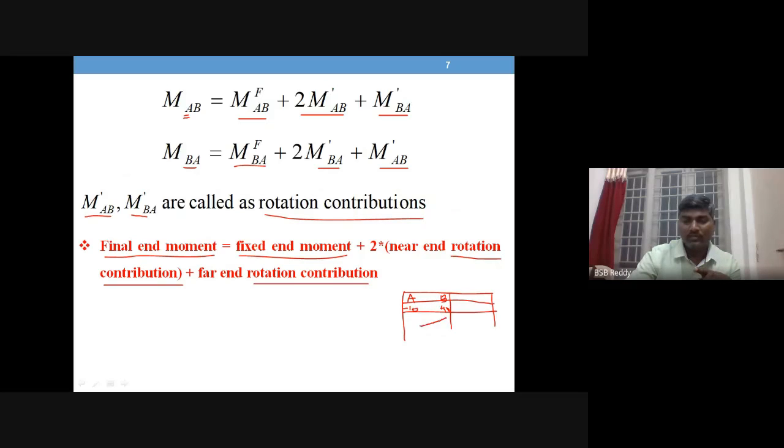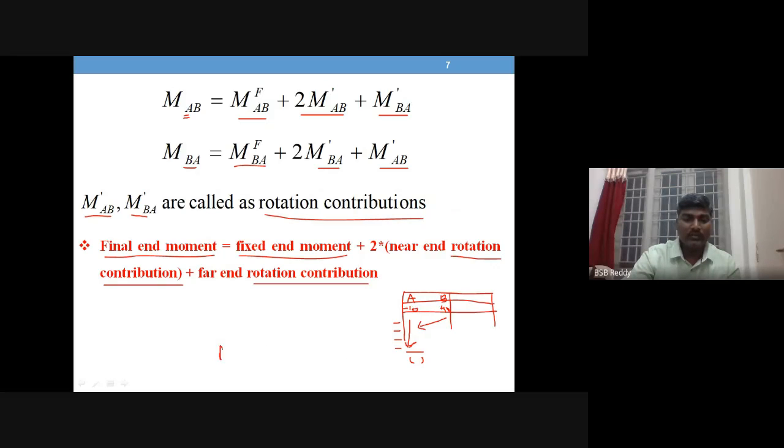And now carryover moments from far ends, all are here from different cycles, cycle 1, cycle 2, cycle 3, cycle 4. All those far end carryover moments you have added, and finally you got the value.